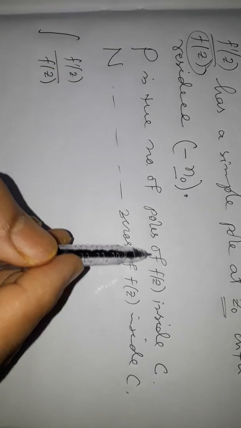In case of poles, the summation of residues is minus p, and in case of zeros it is n.